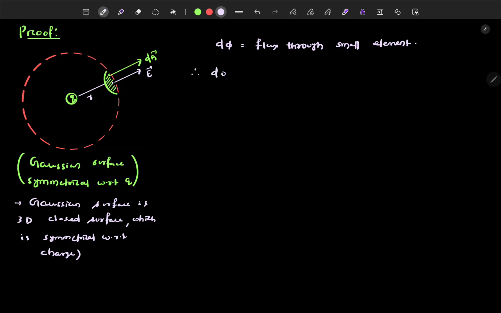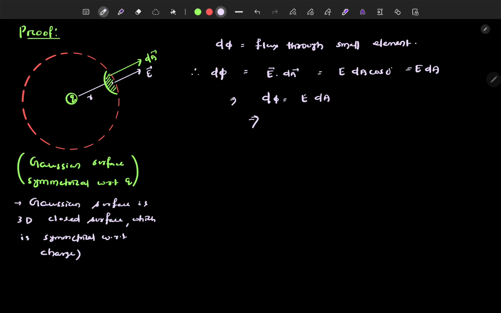As per the previous lecture, lecture number 15, electric flux, d phi is equals to E vector dot dA vector. E and dA, both the vectors are in same direction. So E dA cos 0 degree, that will be E dA only. So d phi is equals to E into dA.